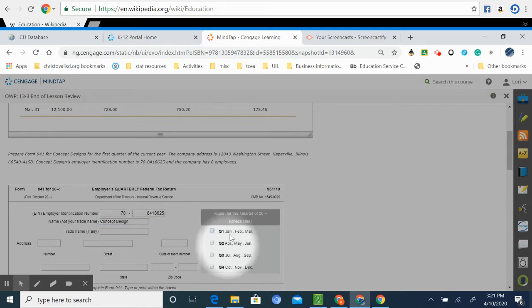And then this is going to go for quarter 1 because that was January, February, March. You'll be filling out quarter 2s for the same company. And the address was 12043 Washington Street. And there was no suite or room number, so we're assuming that's all the same.